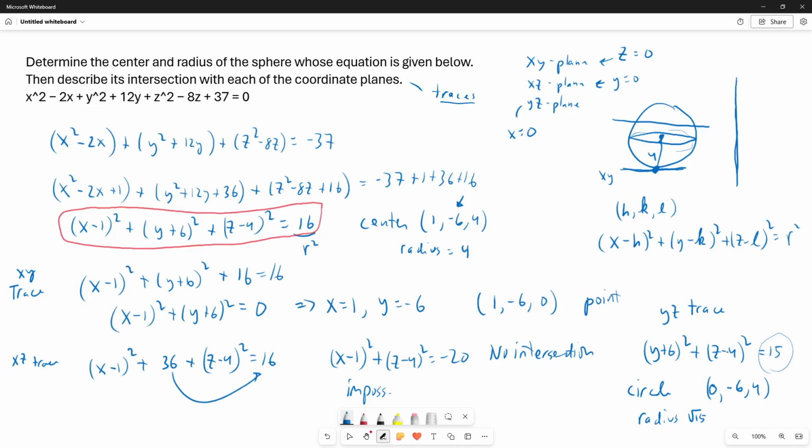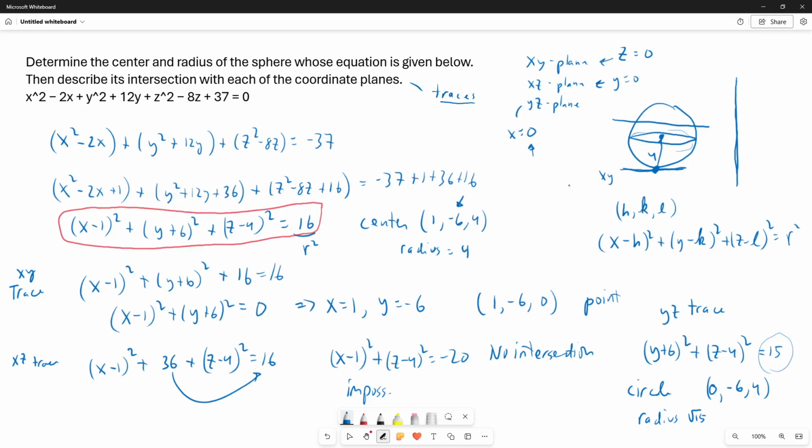So if we were ignoring the x coordinate altogether, then the center would be at negative 6, 4. But we're in 3 dimensions, so in the yz plane, the x coordinate by default is 0. So our center is 0, negative 6, 4. This is a circle. It lives in a plane, but that plane happens to be sitting in 3 dimensions. So it had an x coordinate.